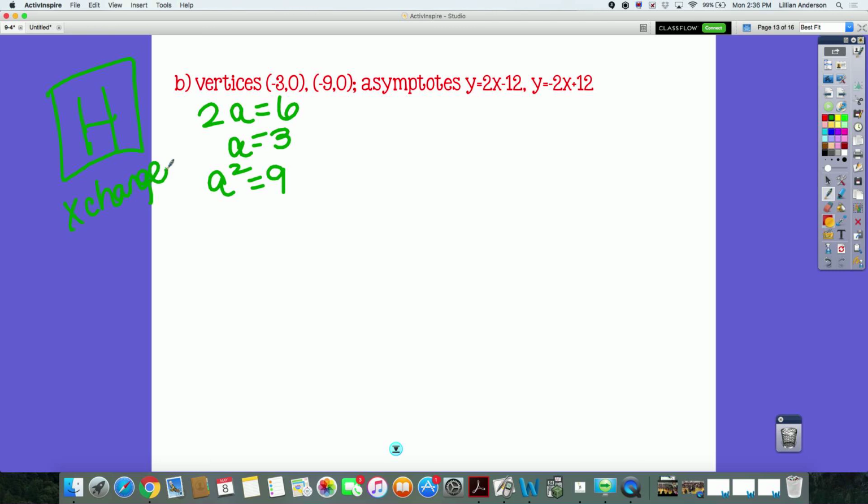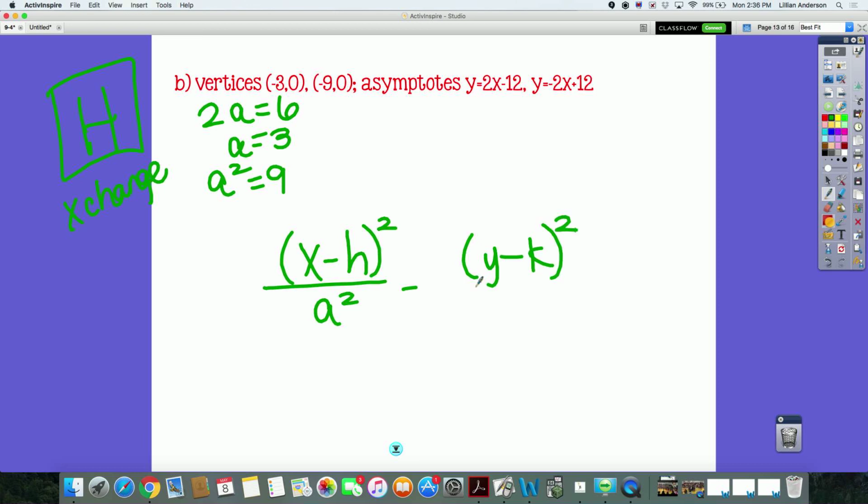With those coordinates, since it is horizontal, we know it's going to be x minus h squared over a squared minus y minus k squared over b squared is equal to 1. I'm going to go ahead and trade out the a squared for 9 since I already know that that's 9. And I'm going to go ahead and find my center since I do know my vertices.